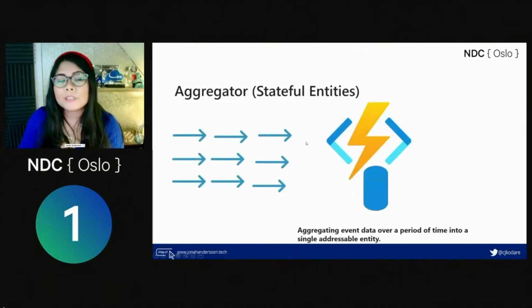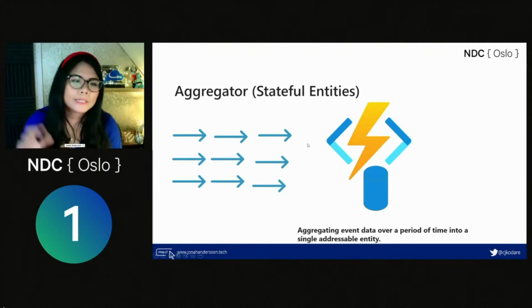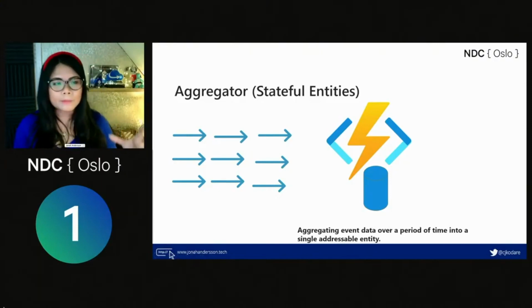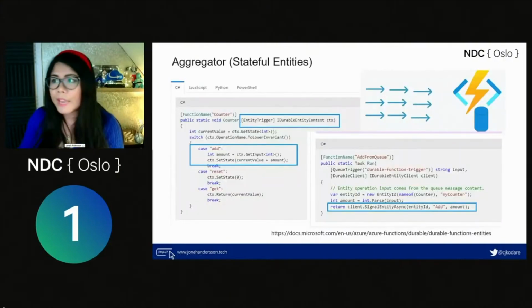And the last pattern is the aggregator pattern, which is used to aggregate data over a period of time as one entity. It's commonly used for durable or stateful entities.